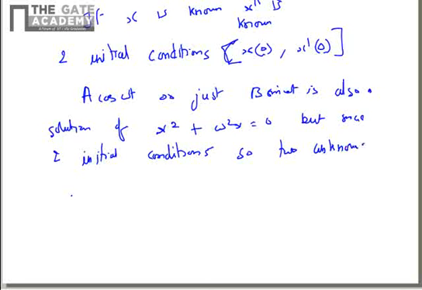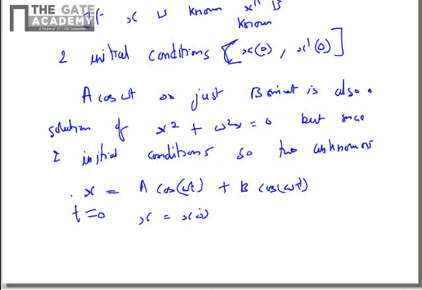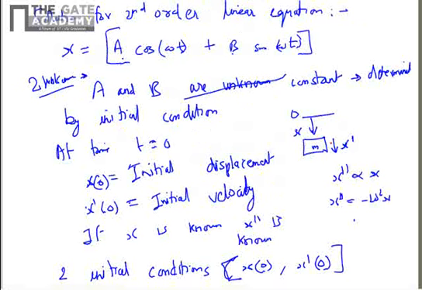Now to get the unknowns, we know the equation a cos omega t plus b sin omega t. Now here put t equal to 0, and you will get x equal to x0, the initial displacement of the system. This just means that you are starting your analysis not from the 0 position. You are starting your analysis from some time when displacement is there.